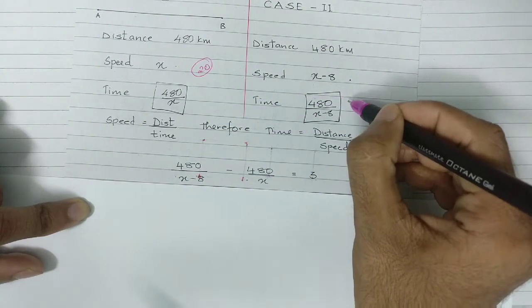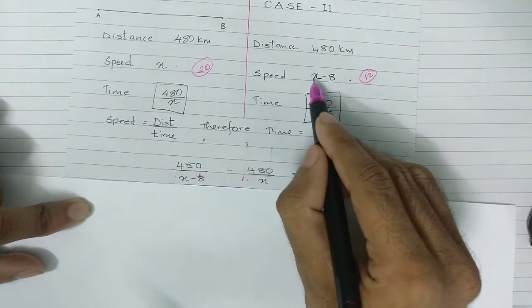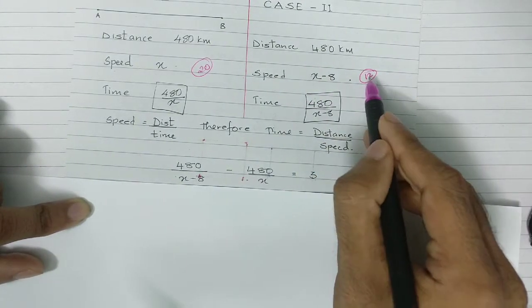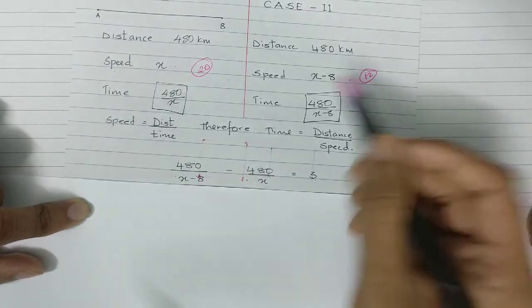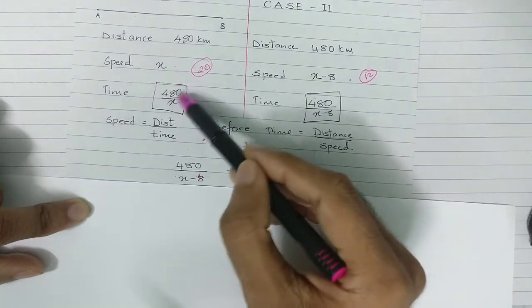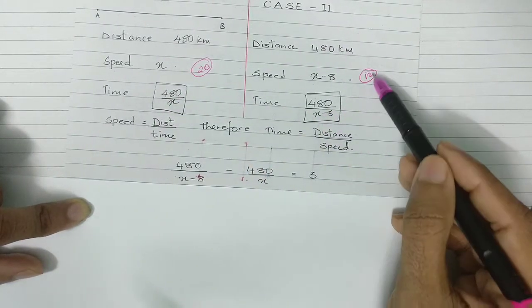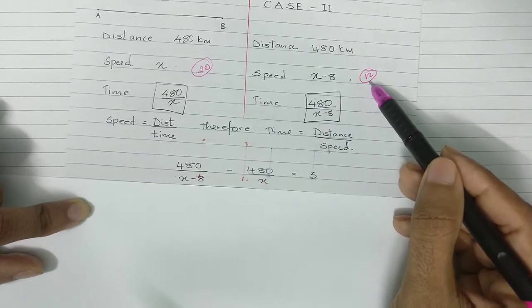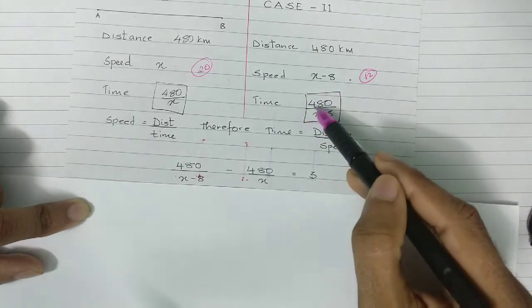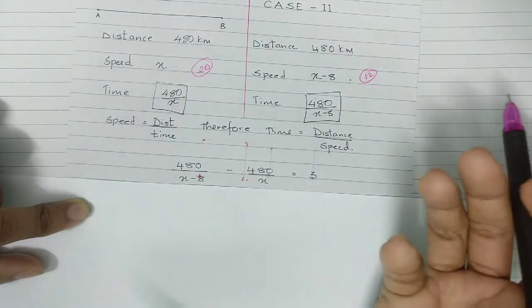So here in this case it would become 12 because 20 minus 8, right? So which one will take more time over here? This one will take lesser time because you're going faster, and this one will take more time because you are going slower. So this time minus this time will give me a positive value for it, right?